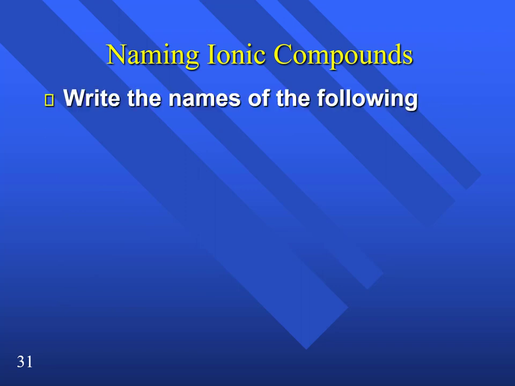Okay. So let's try a few. KCl. K is a metal. It's a metal in group 1A, so it doesn't need parentheses. So I can just write its name. His name is potassium.